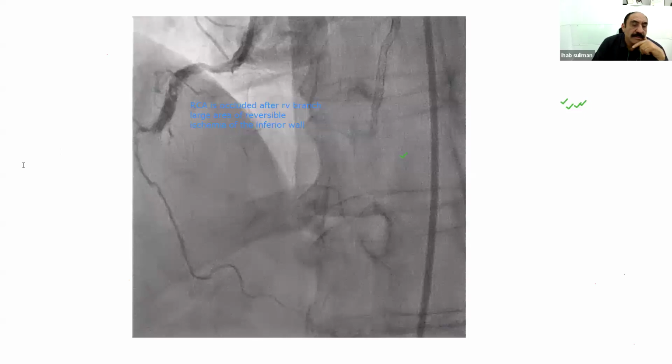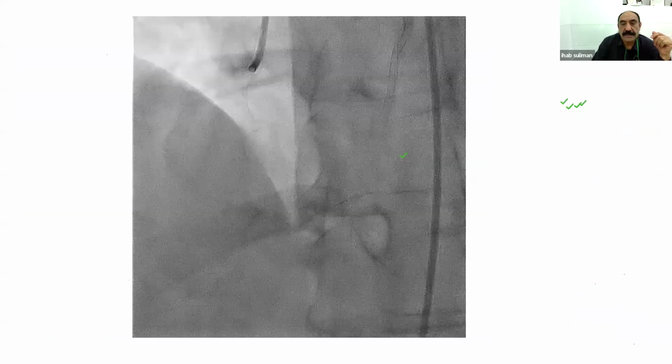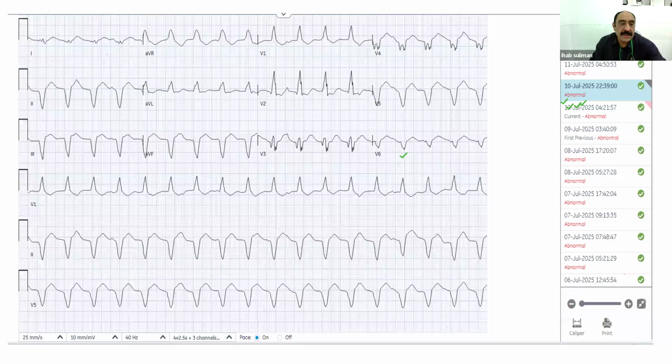So we move on to another example. So what do you think about this horrible ECG? So what is this ECG telling us? It is very important to note it is wide complex.